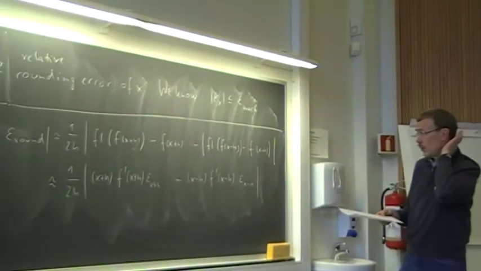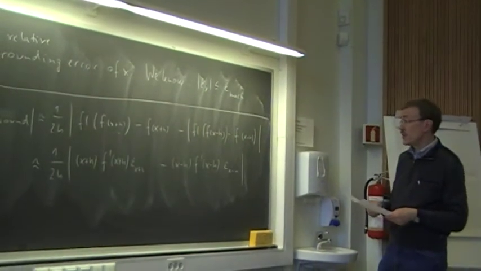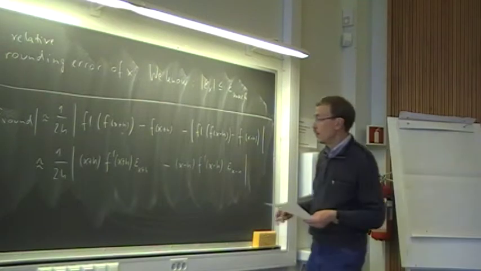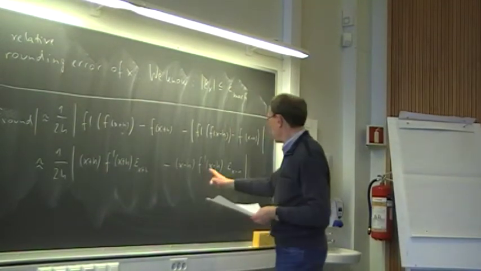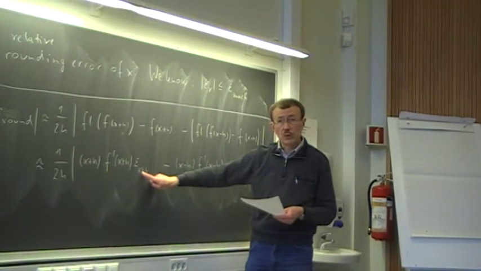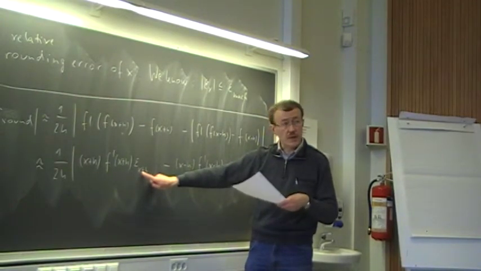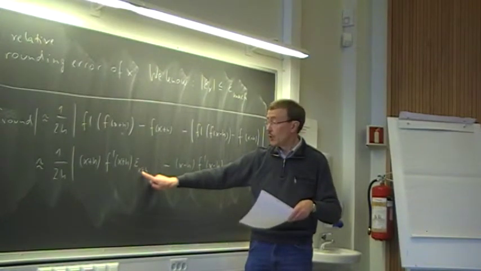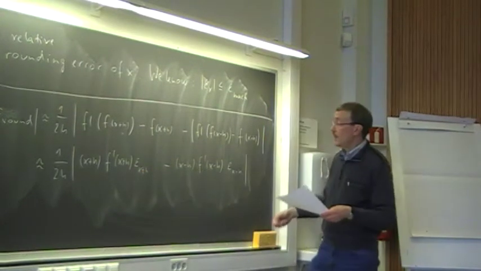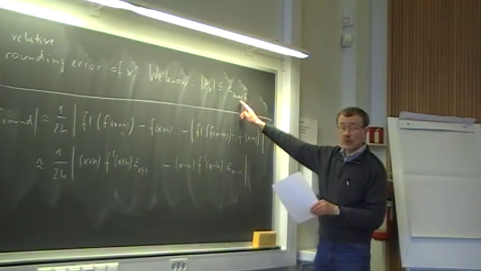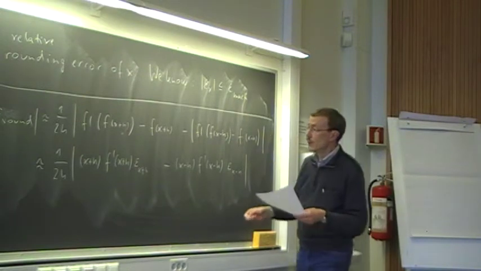And now we make another approximation, that we say, well, h is small, so we neglect that here, here, here, and here. But these epsilons here we keep, because they are rounding errors, and they round sometimes in our favor, sometimes not in our favor. And we know of them that they are just bounded in absolute value by the machine epsilon. That's all we know.